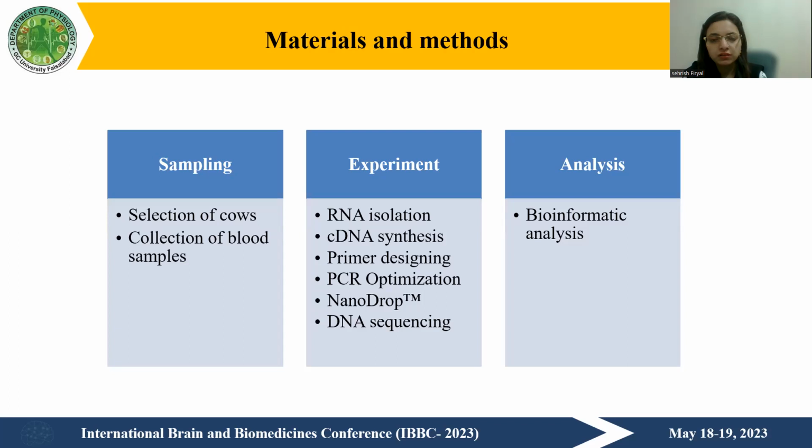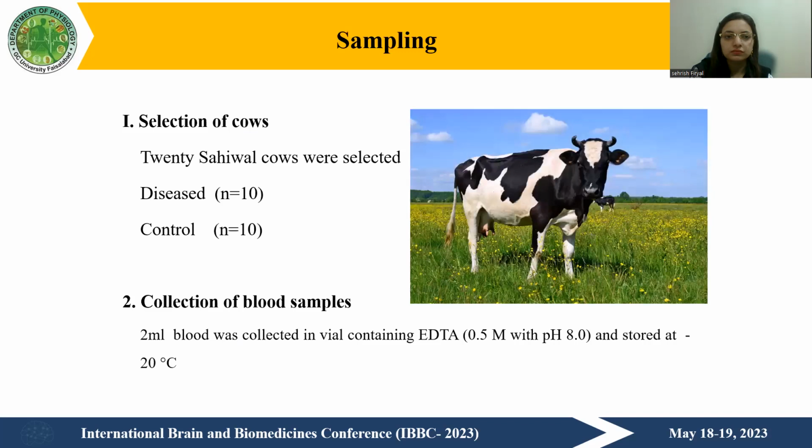After that, the experimental work was performed, which involved RNA isolation. After that, the cDNA was synthesized. The primers were designed along with the PCR optimization. After that, the nanodrop was performed, and ultimately the DNA sequencing was done. The analysis was done by using different bioinformatic tools.